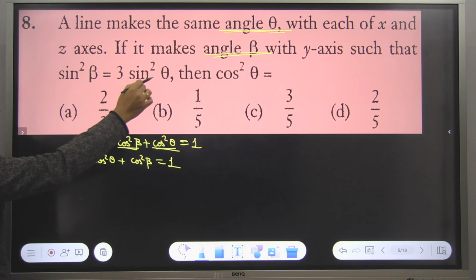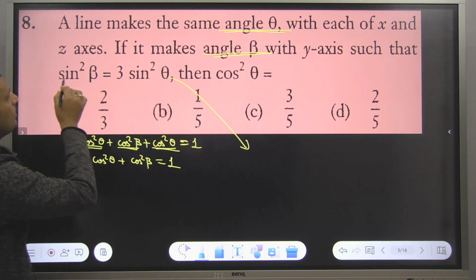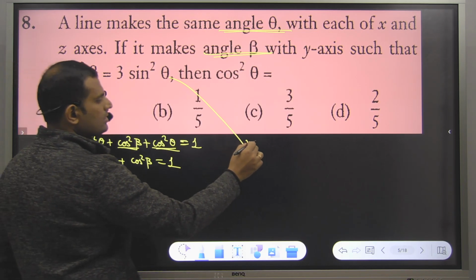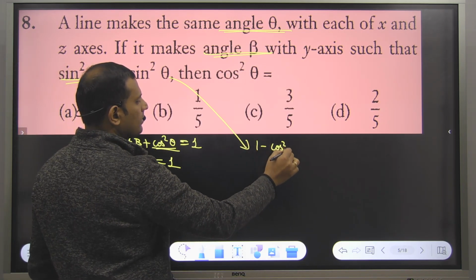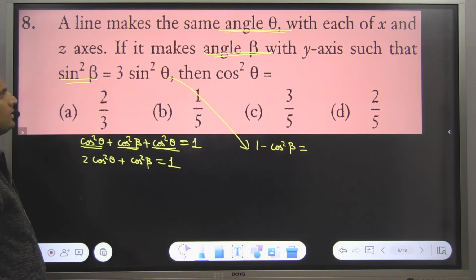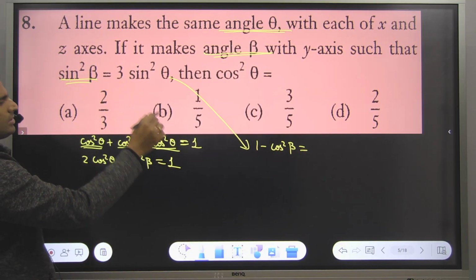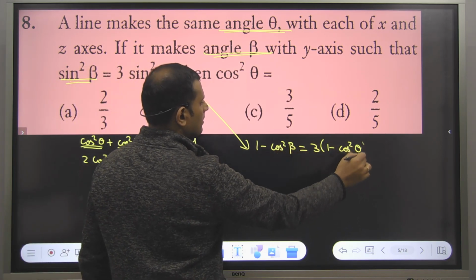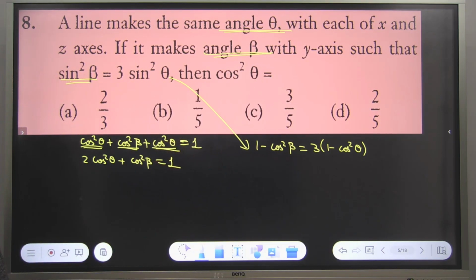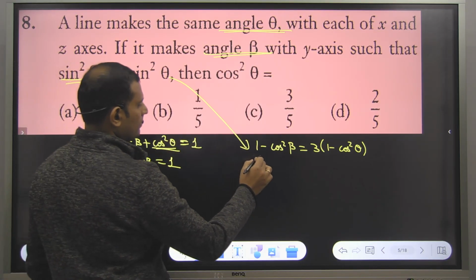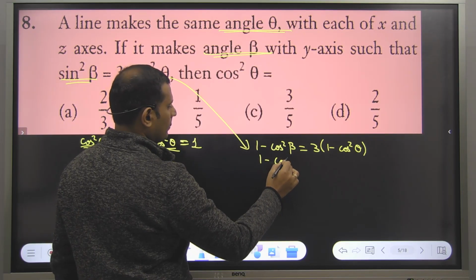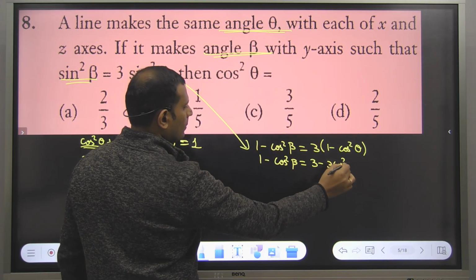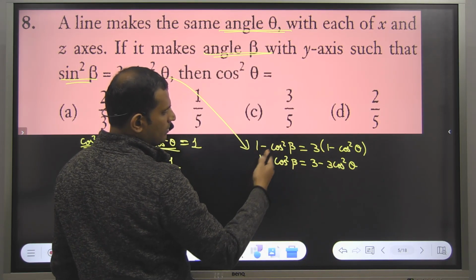Now from here let us get a relation between cos square beta and cos square theta. Can I write sin square as 1 minus cos square? Isn't it? I will write sin square as 1 minus cos square here also. Now simplify, students, what will you get? Please simplify.